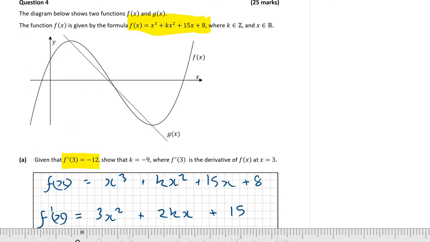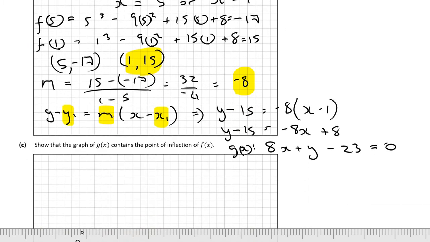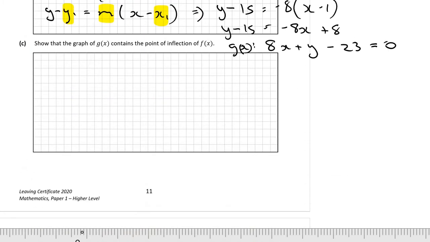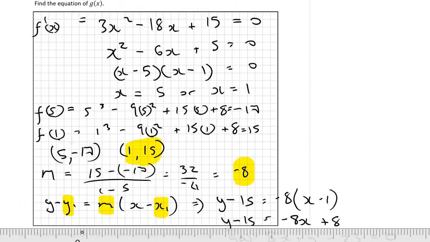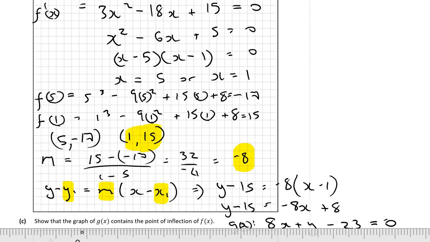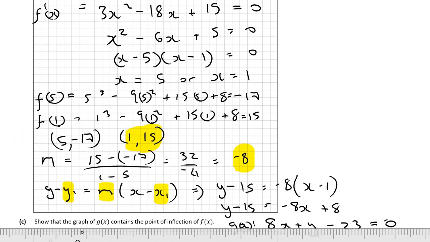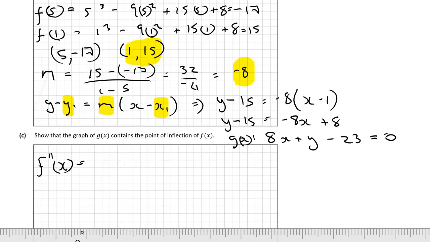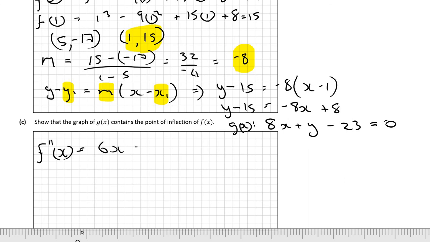And we find that out by working out the second derivative of the function. So f double prime of x, which is just differentiating the derivative. If the derivative was 3x squared minus 18x plus 15, then the derivative of that will be 6x minus 18. The inflection point happens when that is equal to 0.